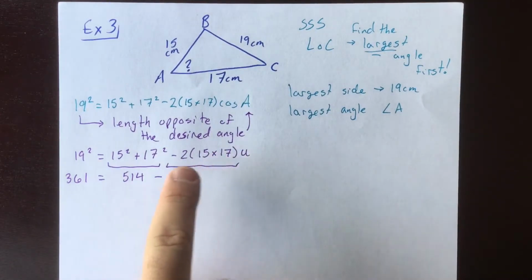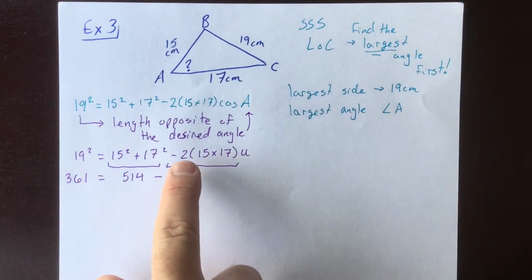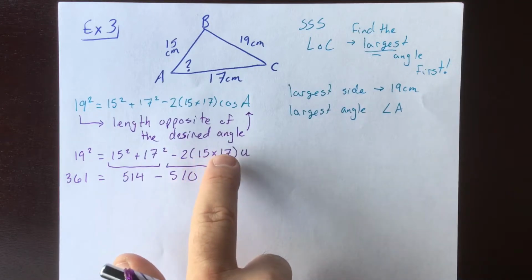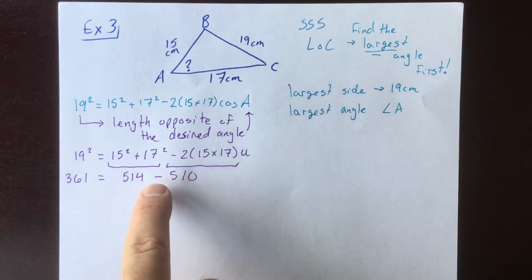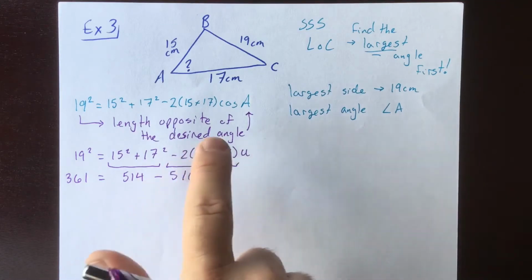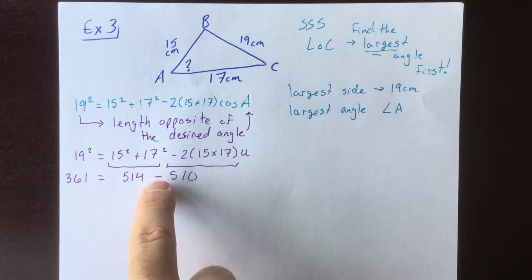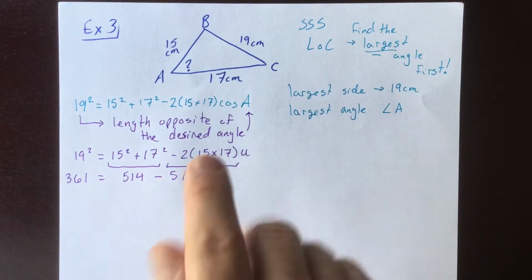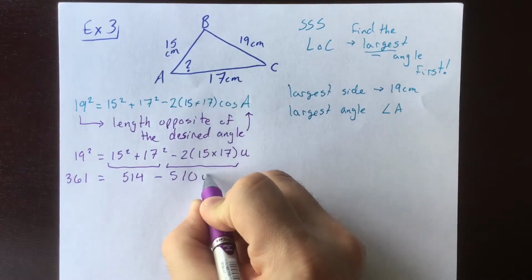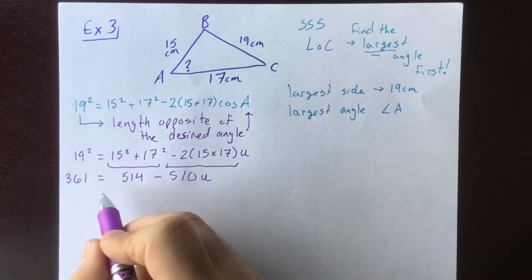If you would rather just think positive 2 times 15 times 17, and then know that you always subtract, that will work as well, because a mistake I'll see sometimes is when computing this part, people will leave off the negative and use the plus here. This will be subtraction. It should be subtraction.